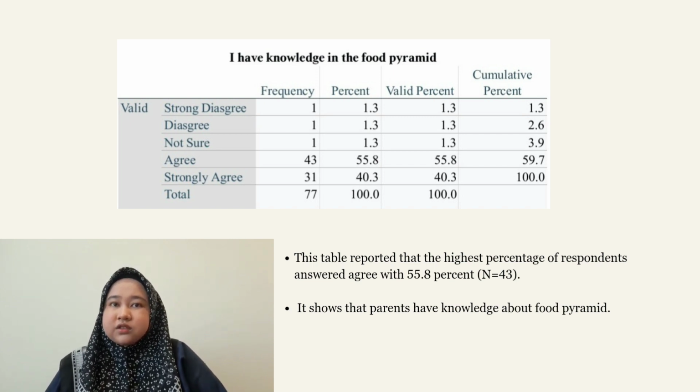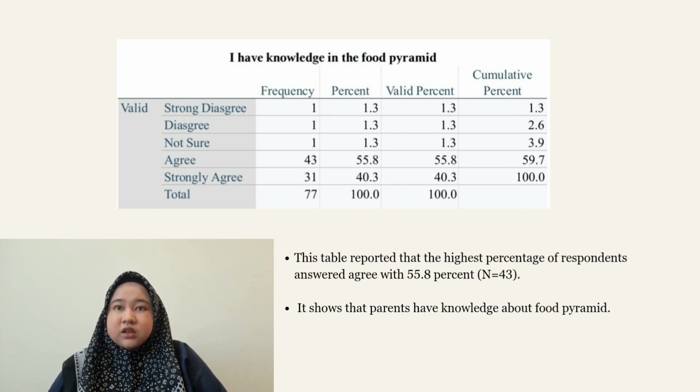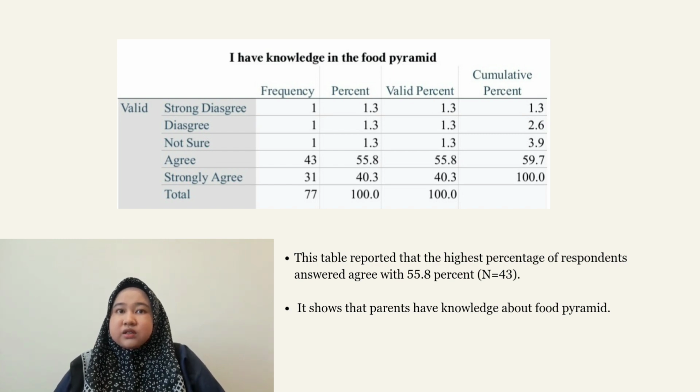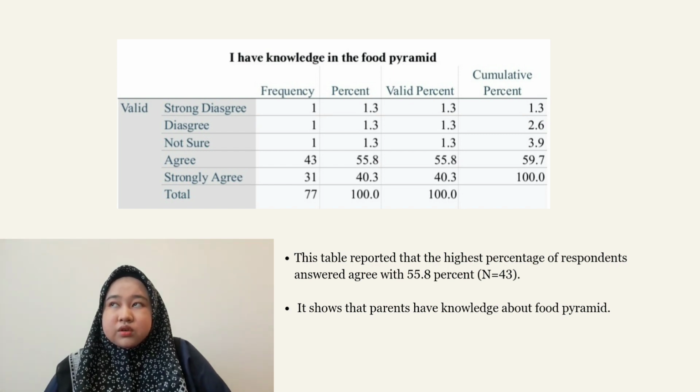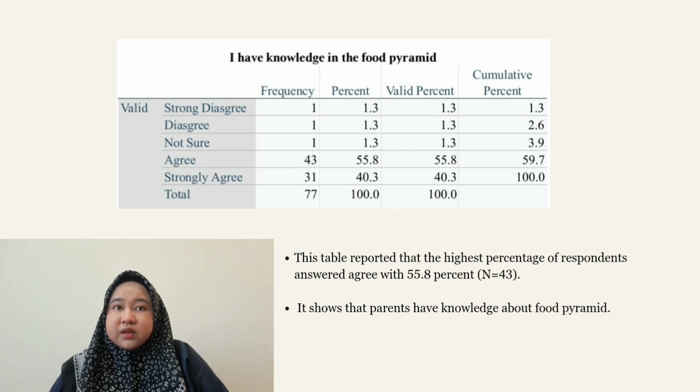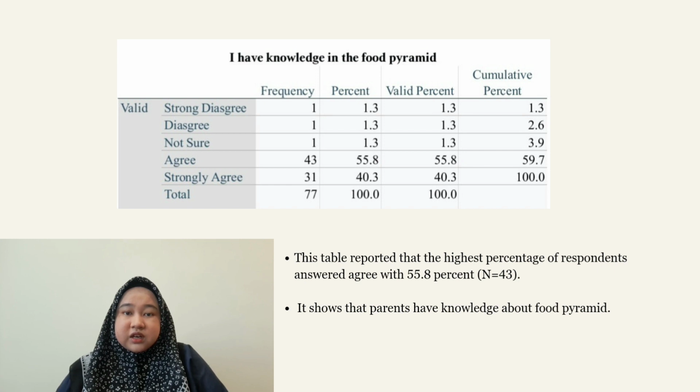Okay, as you can see in this slide, part B, the factors that cause obesity among children, has 11 questions. I asked the parents in a Google Form to answer them. In this part B, the highest mean is 4.32, which means many parents agree with this factor question. It shows parents in Taman Shamelin Cheras have knowledge about the food pyramid.